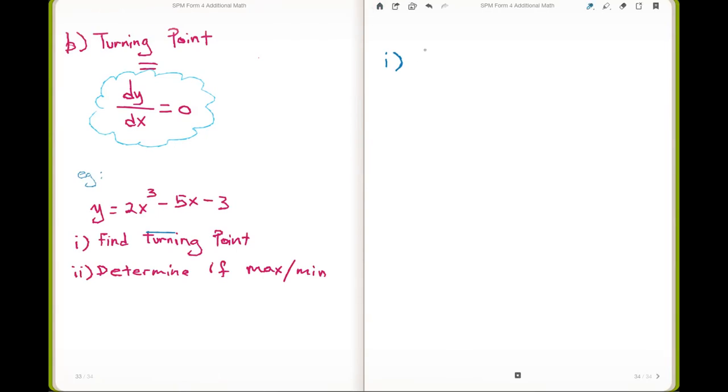So start with my dy/dx, which would therefore be, I expect you to be good enough to be at this point, 6x squared minus 5. At the turning point, dy/dx equals 0. You get some marks over here during SPM.